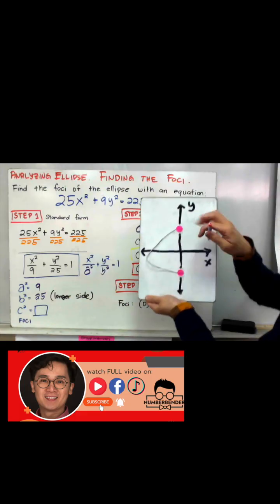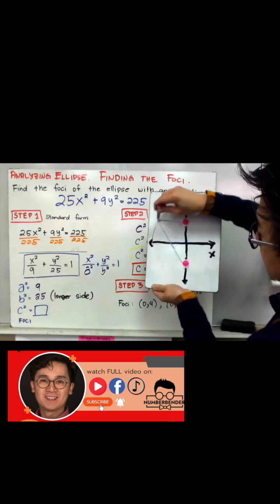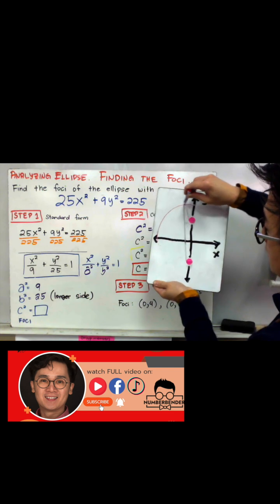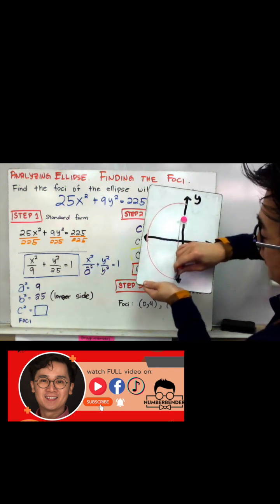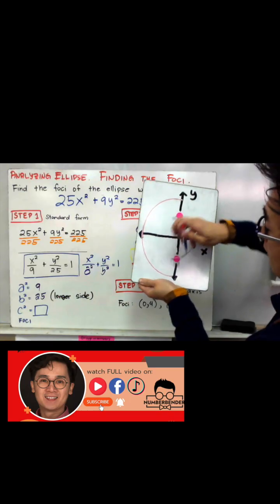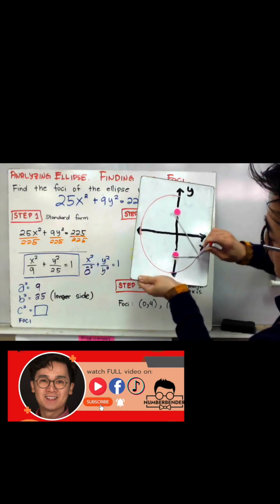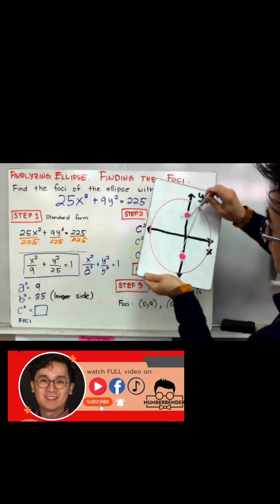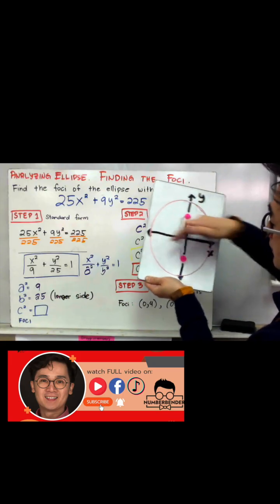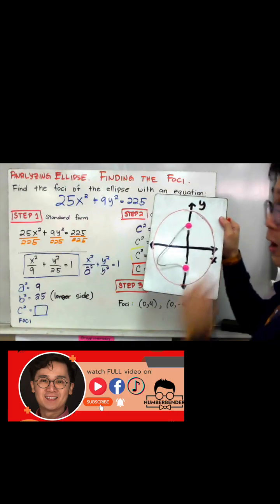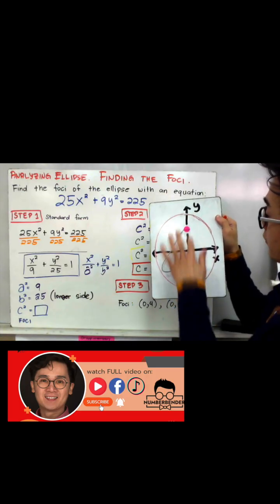This is our string, and I'm just showing you how the ellipse can be formed by using your foci. So the foci will determine the shape of your ellipse. That's how you construct or create an ellipse by using your foci.